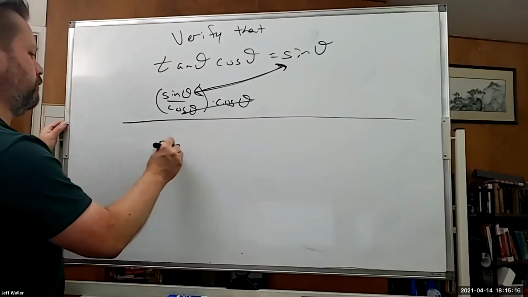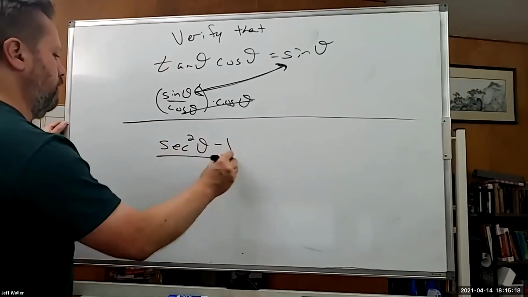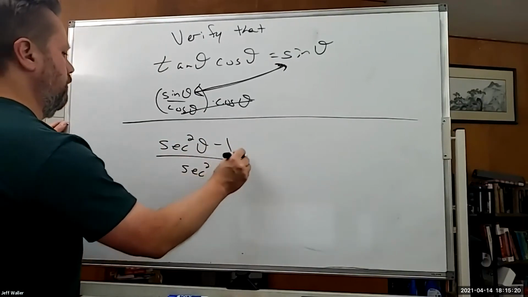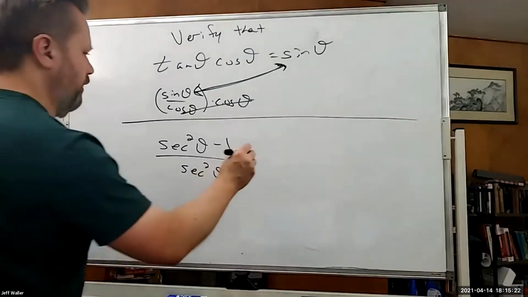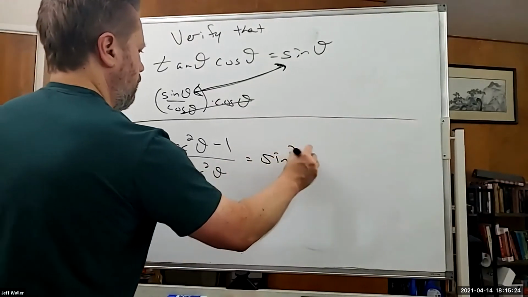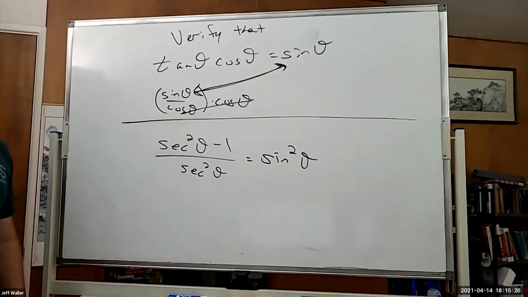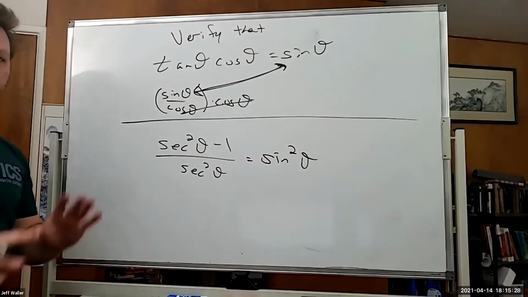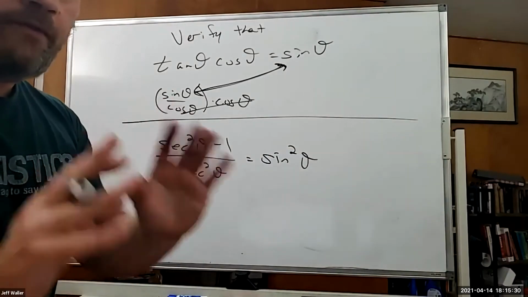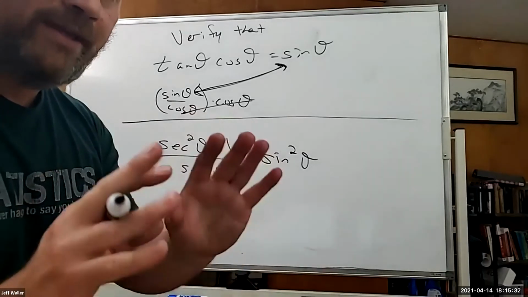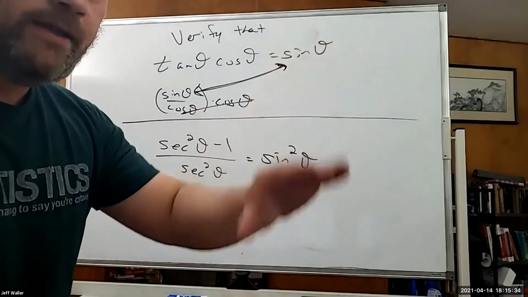So here, do this one. So it's perfectly fine while you're doing your homework to have all the identities we know so far sitting next to you.